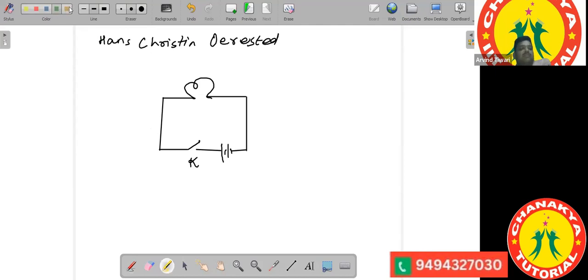As he saw, it always points in the north direction. Now when he put this switch on, what happened at that time? He observed this needle showing deflection.